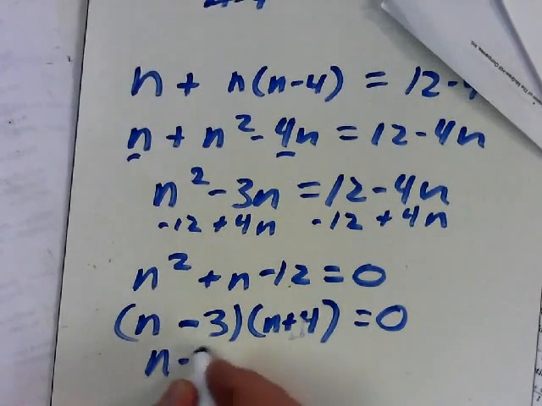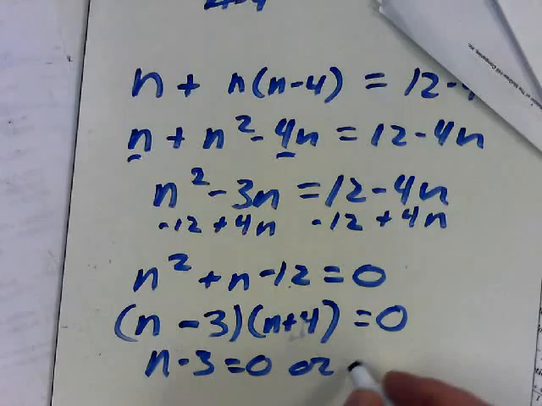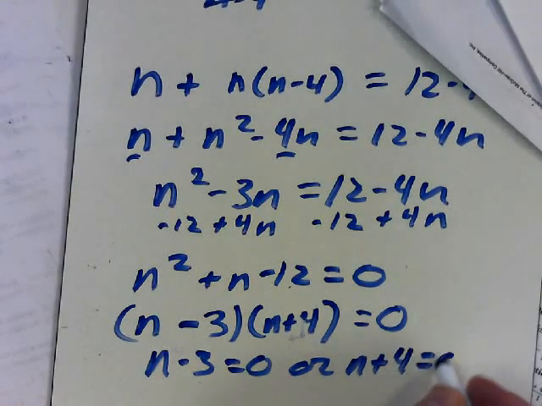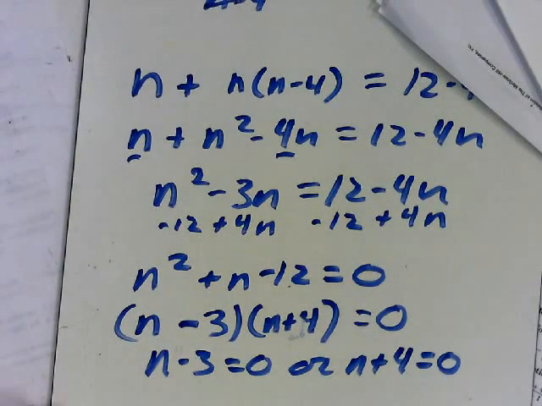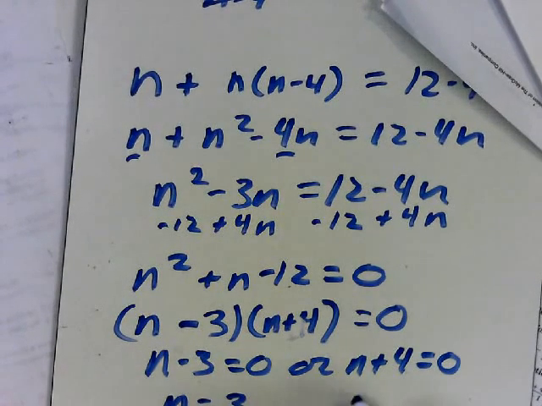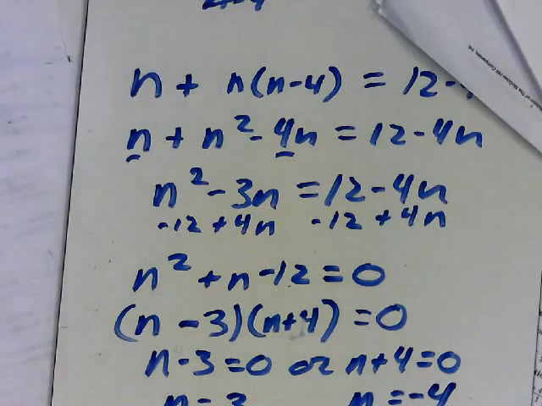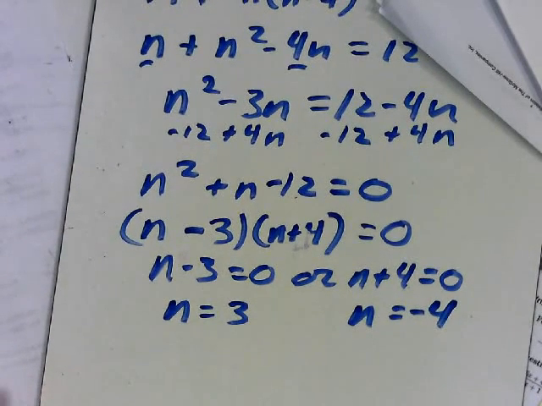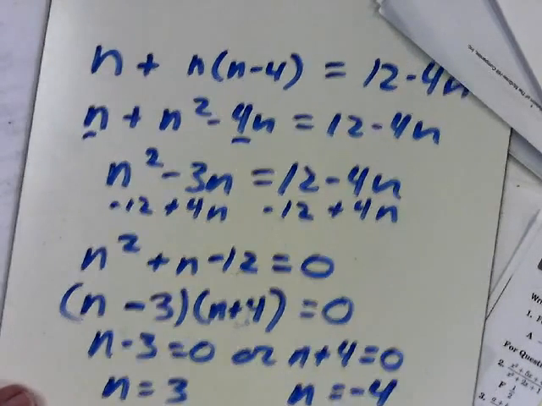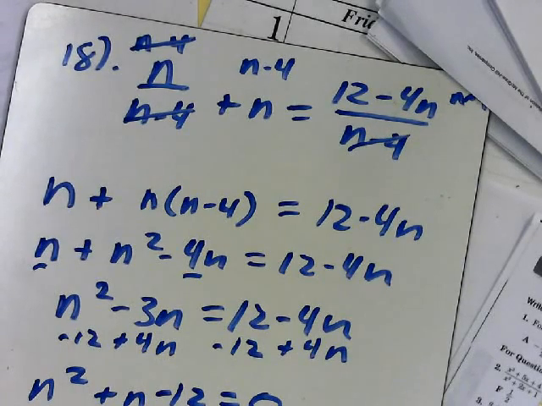So n minus 3 has to equal 0, or n plus 4 equals 0. So n equals 3, n equals negative 4. What do I do with those two? I back in to make sure that they don't equal 0. Yep, I have to put them back in to make sure that my denominators at least don't equal 0.